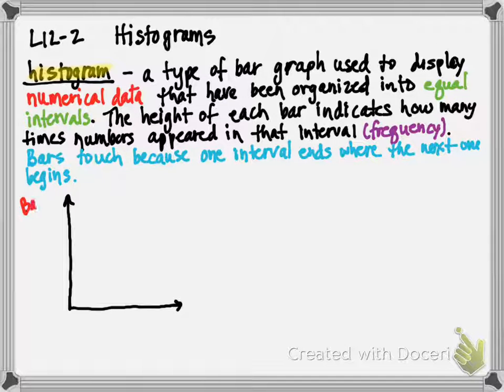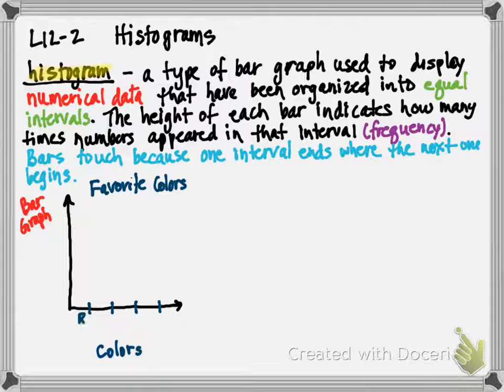This is a bar graph on the left, and let's do a basic one that a lot of people do: favorite colors. On the bottom, we'll talk about colors, and we gave 4 different choices.